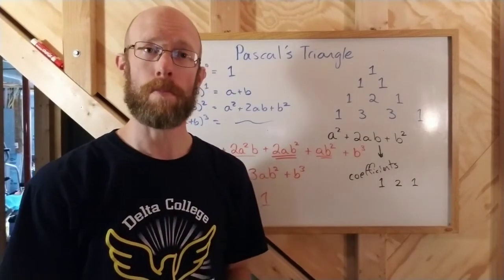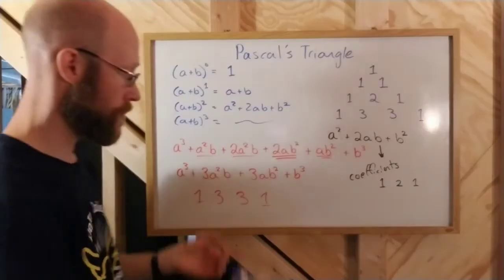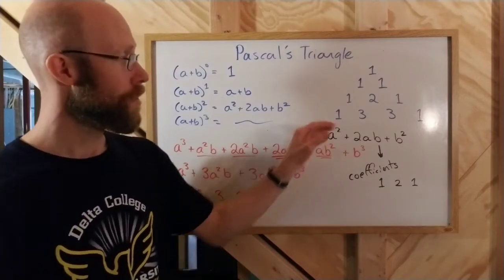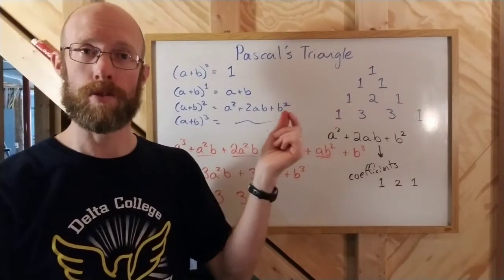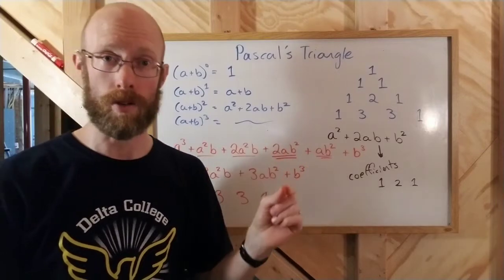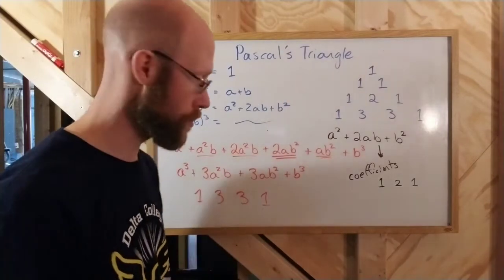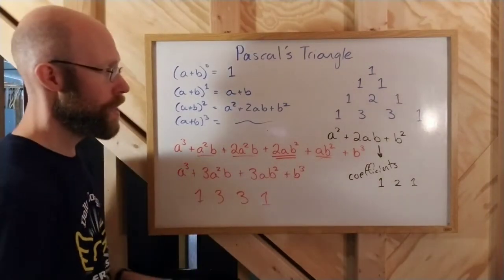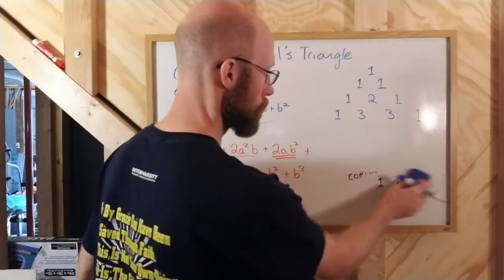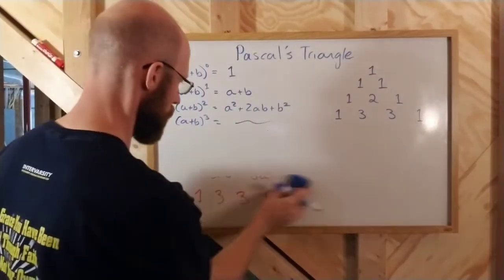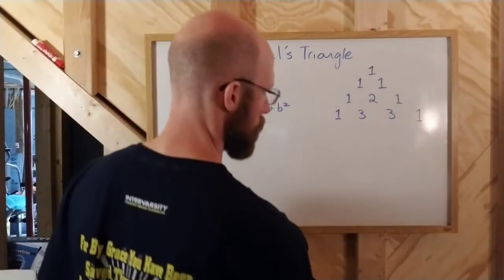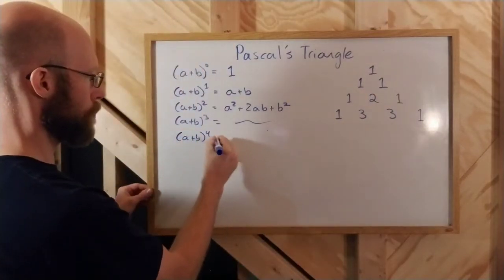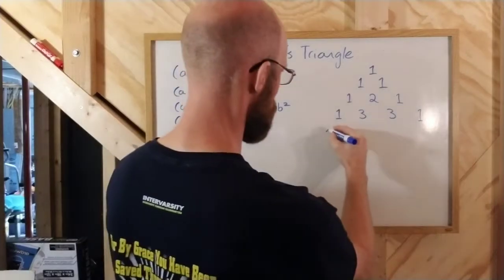If I were to continue the pattern, which I'm not going to show you all the details because it just gets to be tedious, that pattern of summing up the numbers above it will continue. It's kind of cool. It can be proven. I won't do that right now. But it has to do with the way these develop as you add more and more factors in. Okay? And so, what we end up with, if we do a plus b to the fourth power, well, that gives us a row of 1.